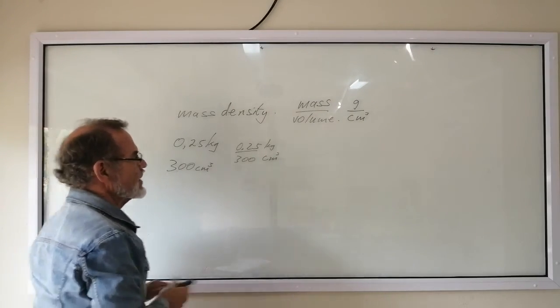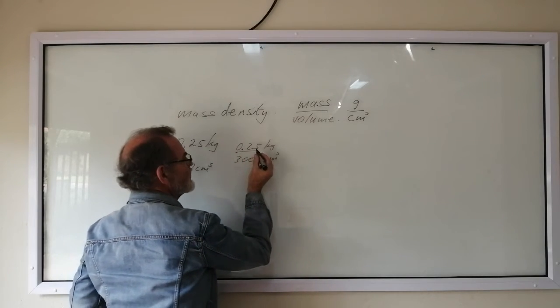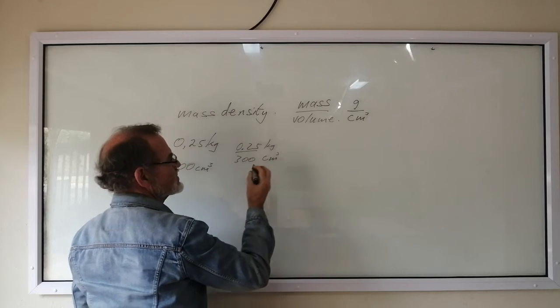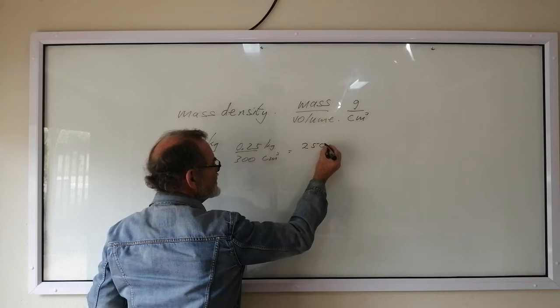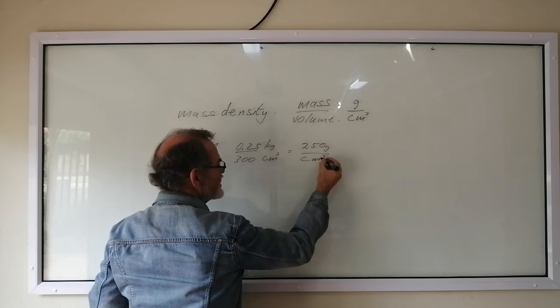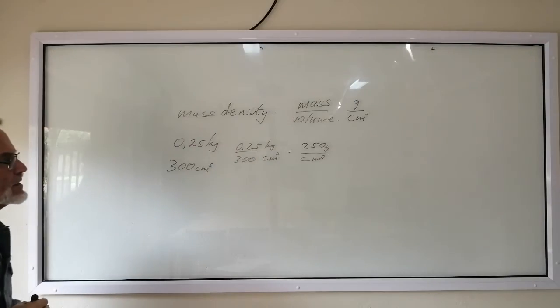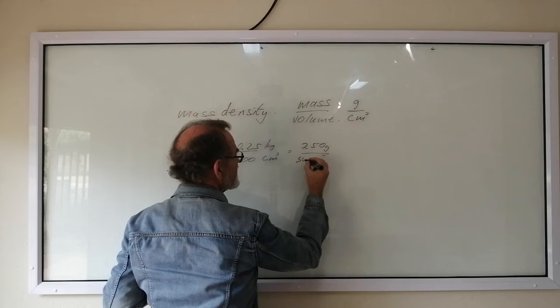You multiply by 1,000. So you've got to move the decimal point 3 spaces. This is equal to 250 grams per 300 cubic centimeters.